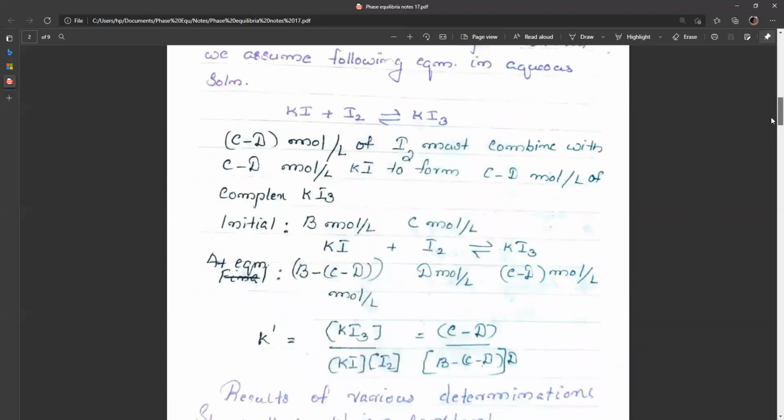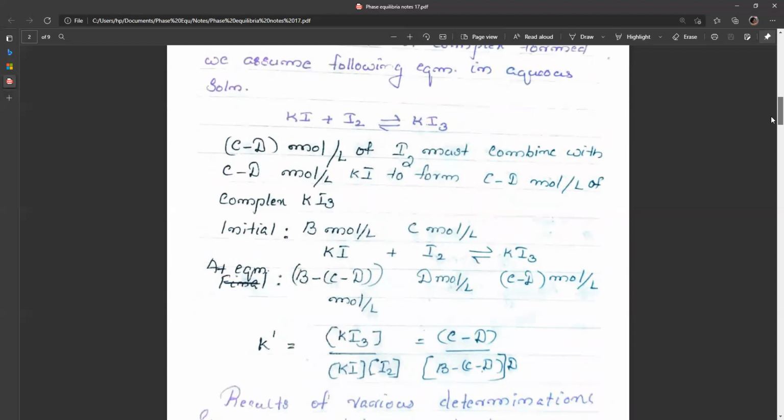Let us study the equilibrium, the reaction KI plus I2 gives KI3. The initial concentration of potassium iodide is B mole per liter, and the initial concentration of iodine is C mole per liter, since C moles of iodine go into the aqueous layer.